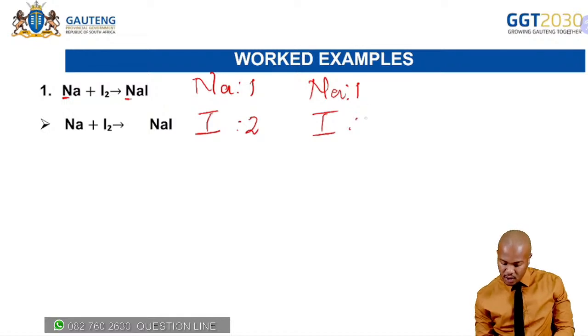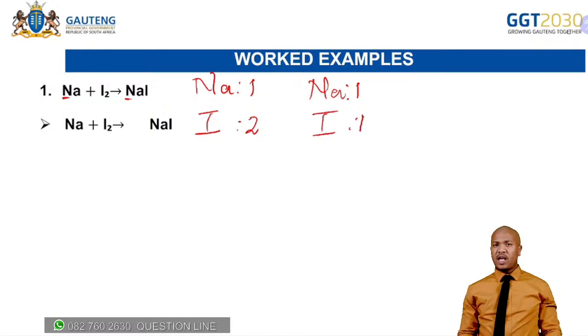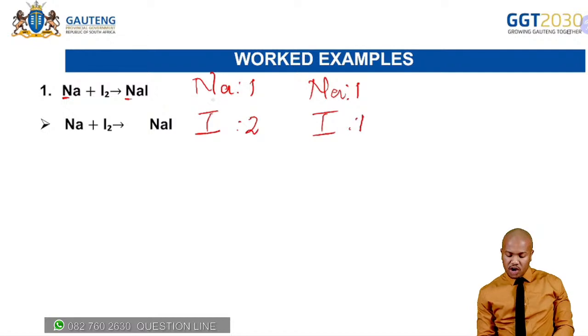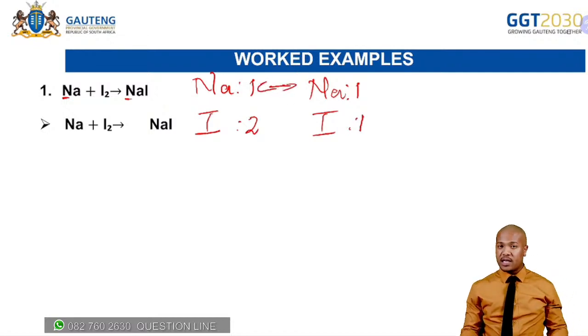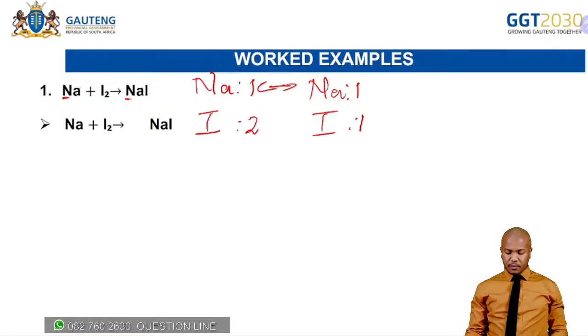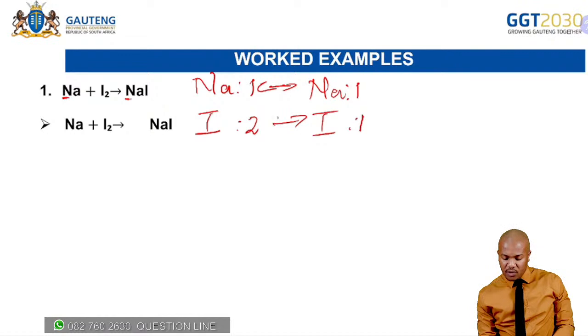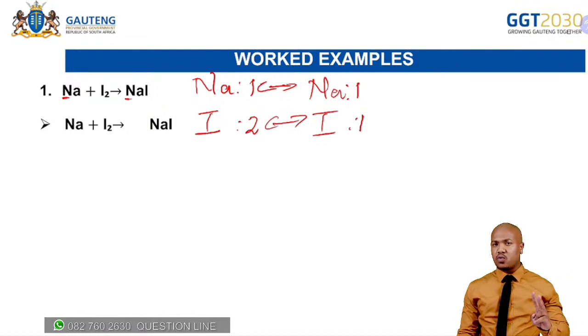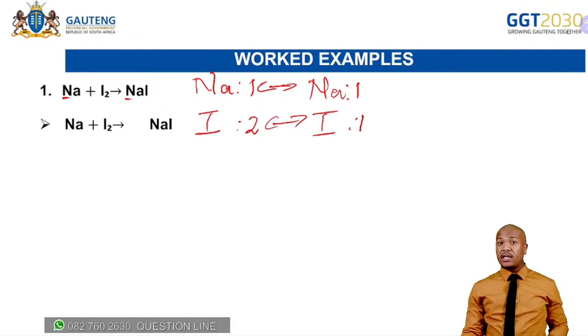We have one. So looking at this, your sodiums balance. On the reactant side there's the same number as on the product side. They balance. But when looking at iodines, on the reactant side there are two, and on the product side there is one. So it doesn't balance because the number is not the same.